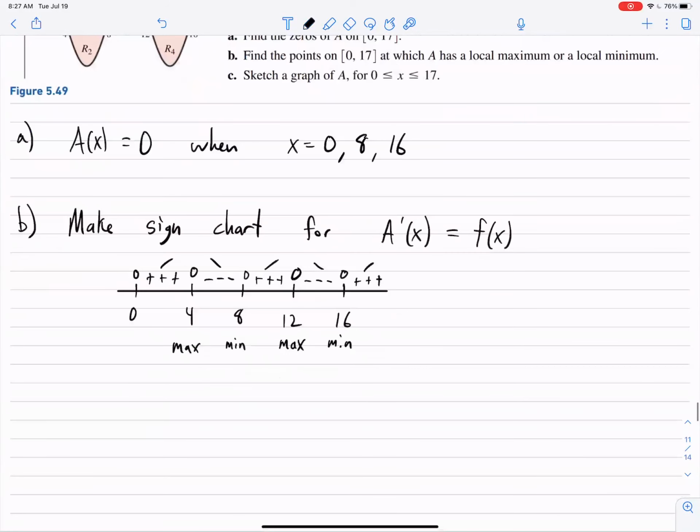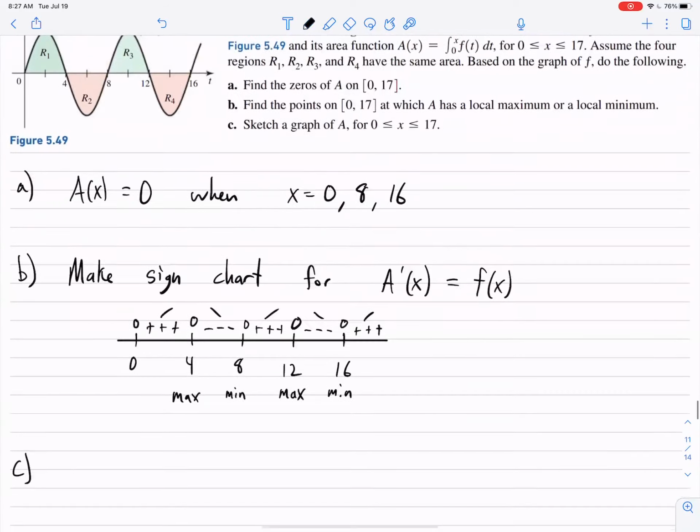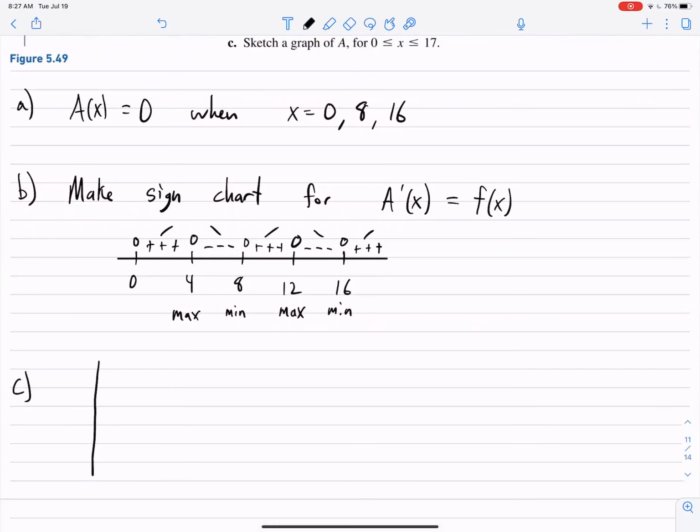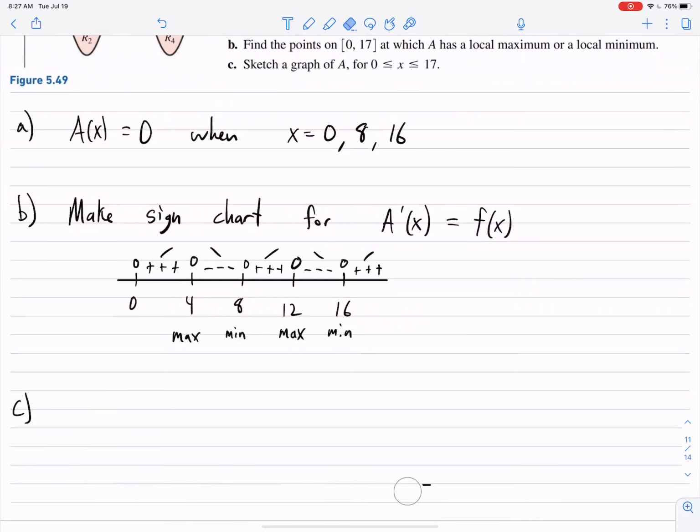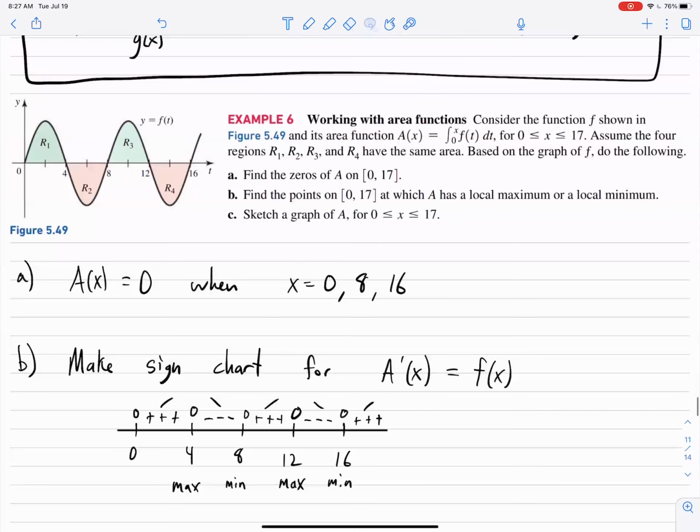And then finally, let's sketch a graph using all this information. Actually, something that will make this a lot easier is I'll just borrow this scale.